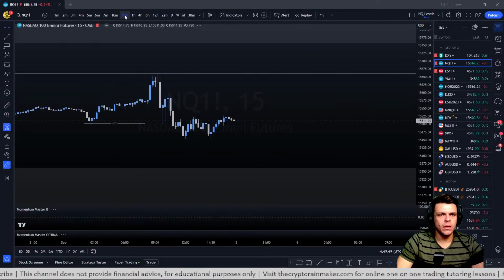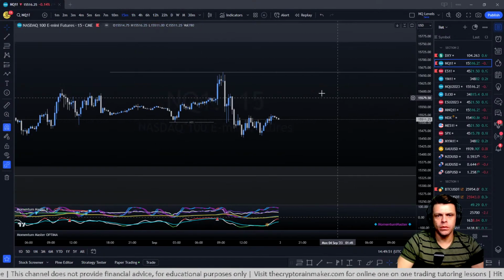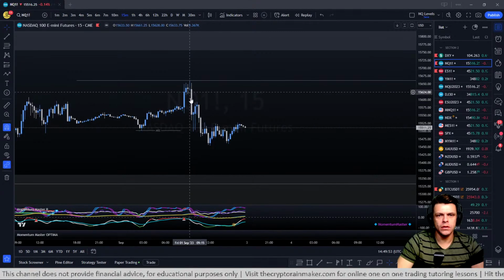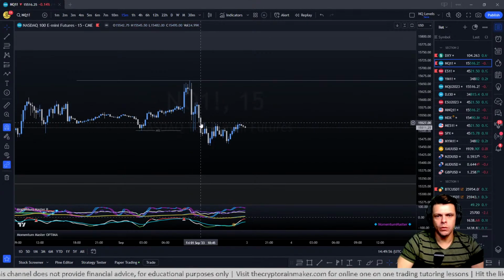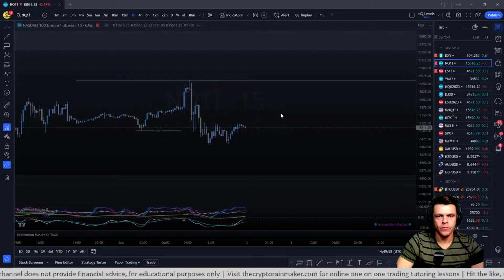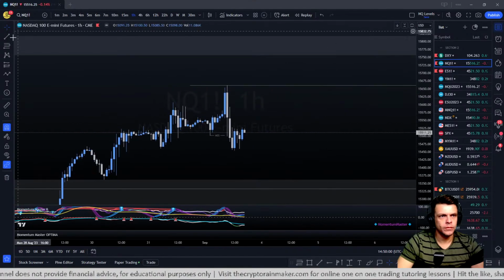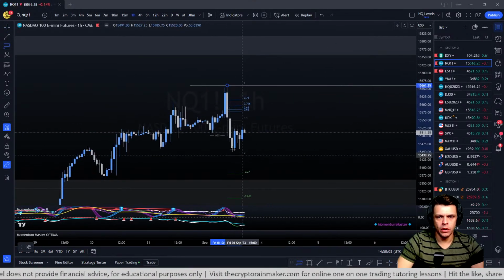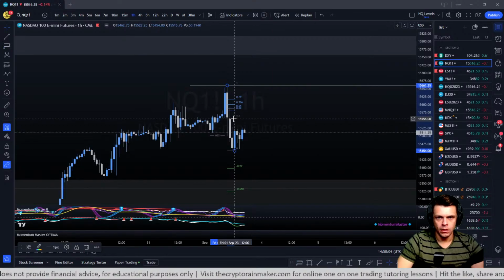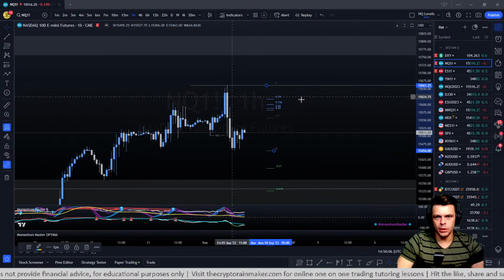Let's see if there's a fair value gap on the 15 minute. Yes, so we had a nice big one right there. Another one right there. It's just on the 1 hour. It has not come back into the premium area.